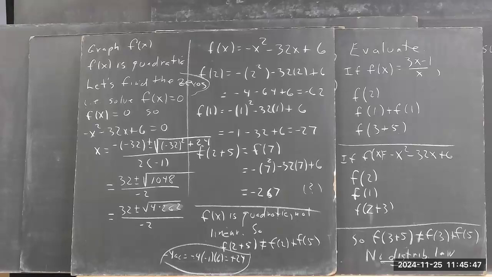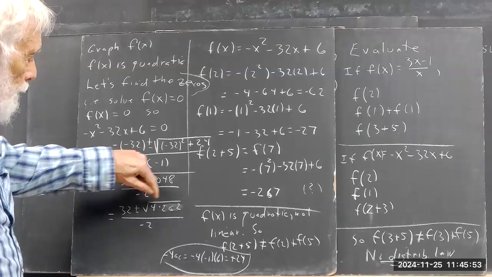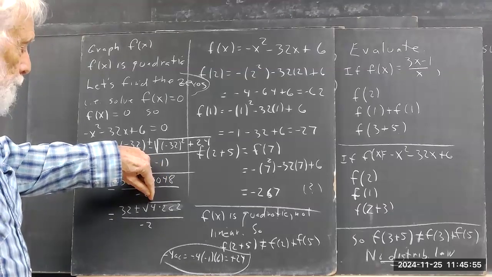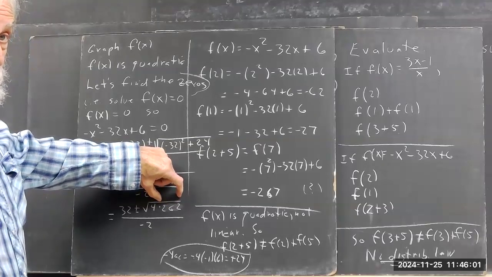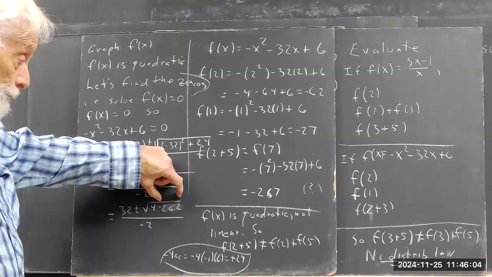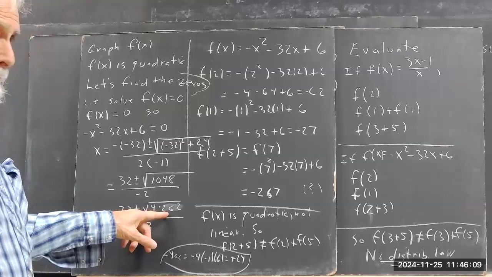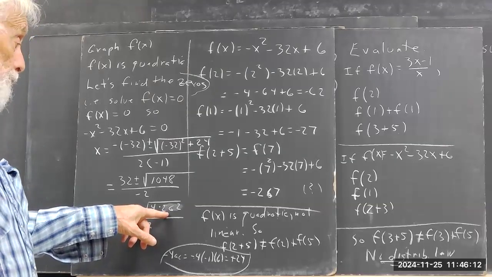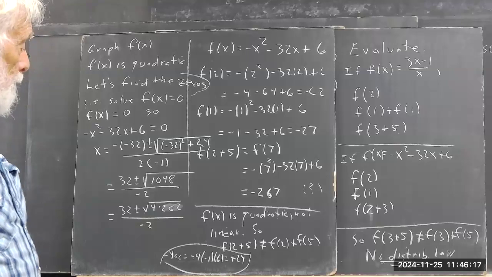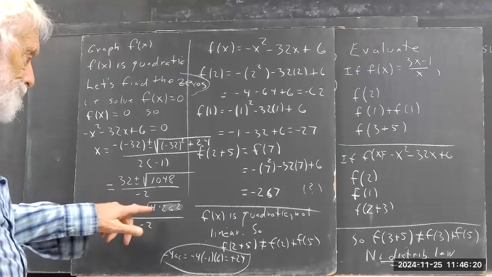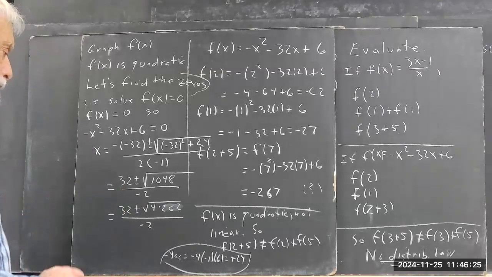Now, why did I do this? It's because the square root of 4 is 2, and that's going to leave me a smaller number here to take the square root of. Now, there could be another square that divides into 262, but there isn't. If you do a prime factorization, you'll find that 4 is the only number that goes into this. I'm not going to get into a whole lot of detail on that.